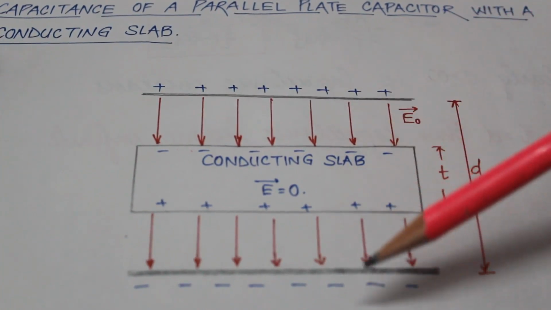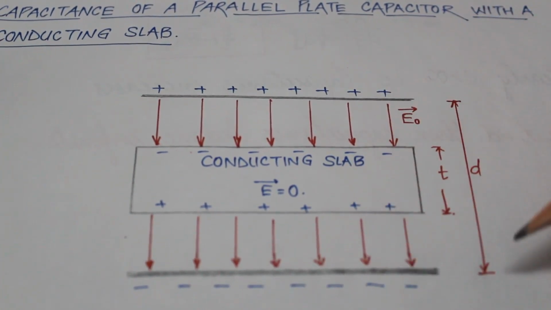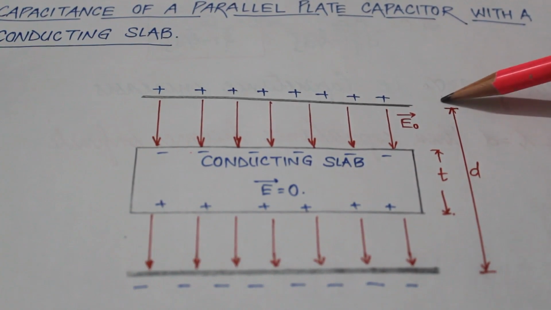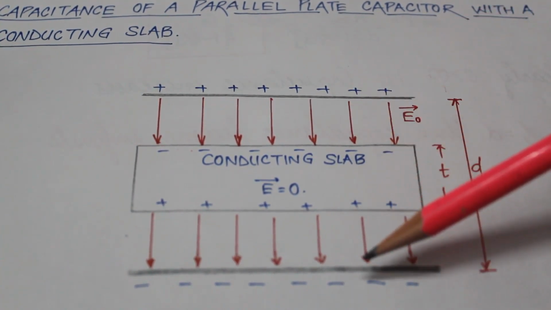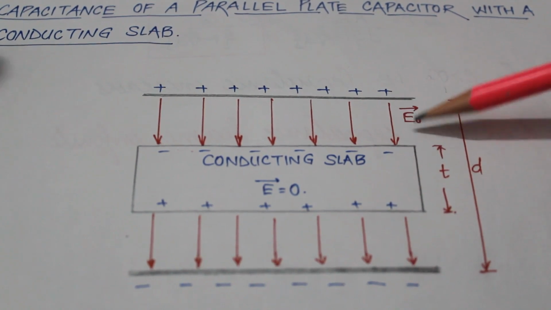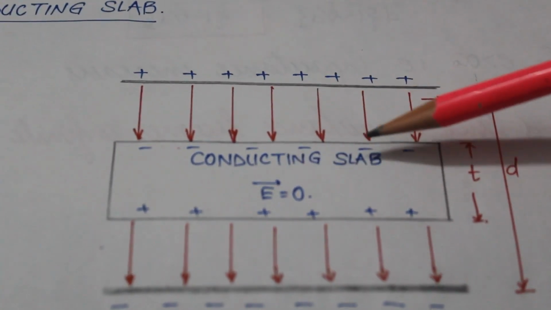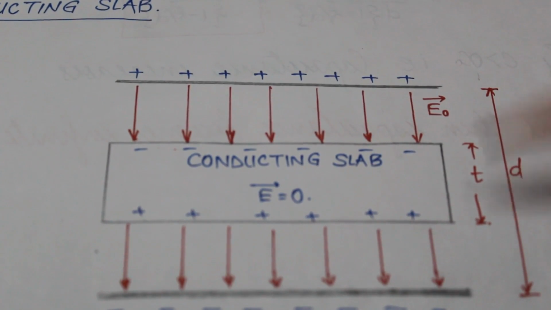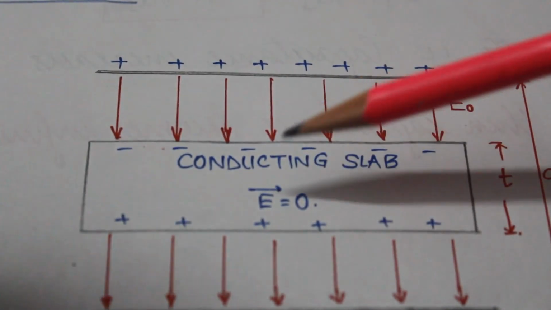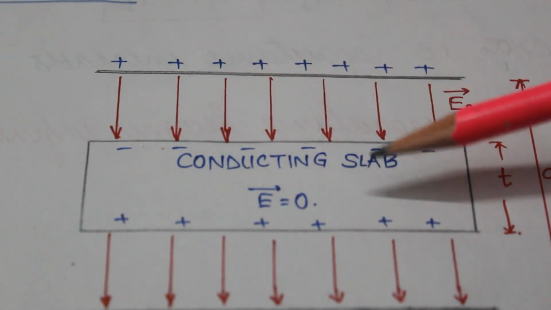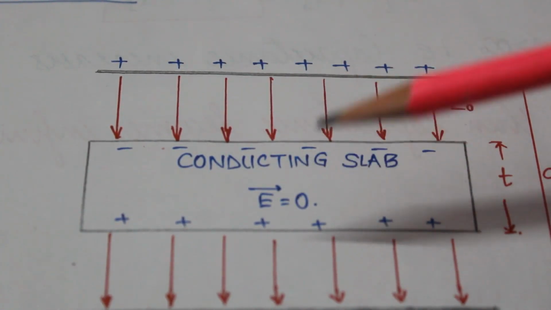There is a parallel plate capacitor with a distance between the two plates to be d. This is the electric field which has been produced inside the capacitor, which is given by E0. Now we put a conducting slab of thickness t between the two plates. Now, as we know, inside the conducting slab the electric field is always zero.